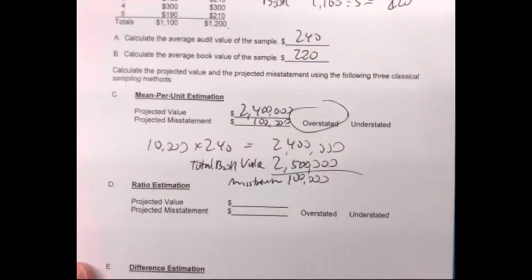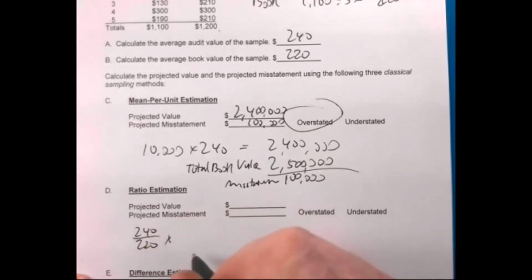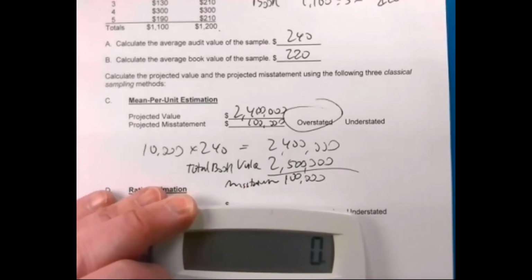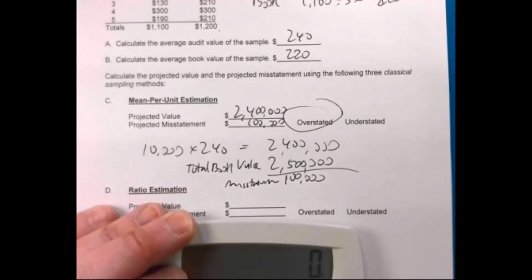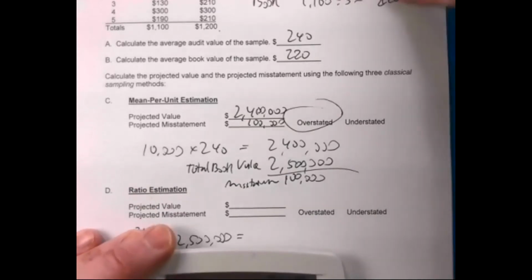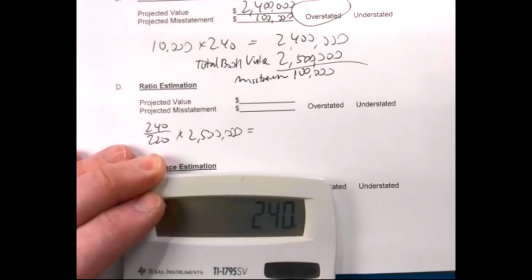Down here, the ratio one. So this is going to be a little bit unusual one, but you can kind of see where it matters what you are doing here. It matters which method you use, and that's what we're going to talk about in a minute here.